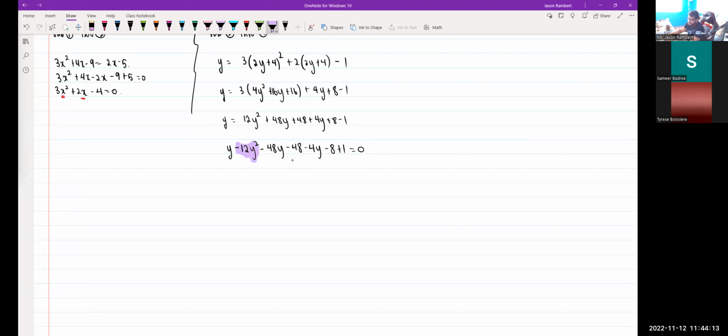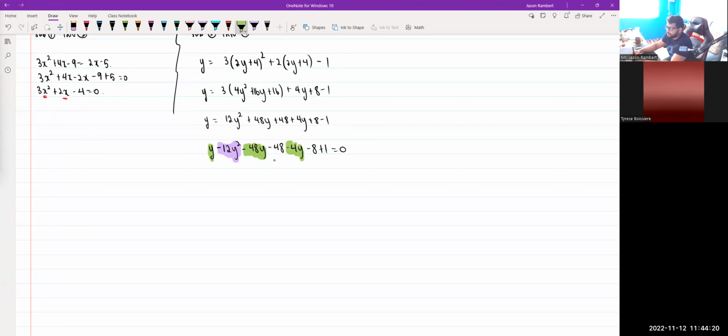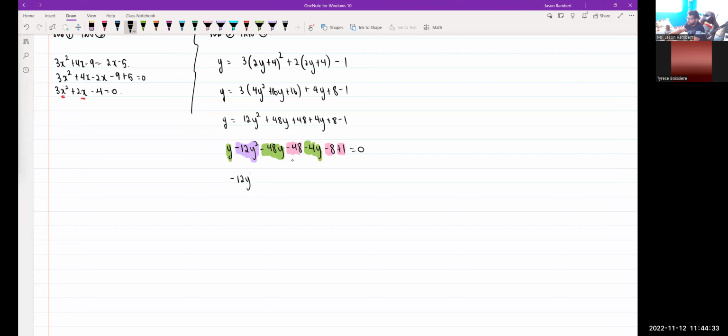I can add the y squareds to y squareds. I can add the y's to the rest of the y's. And I can add the numbers to the numbers. I'll end up with minus 12y squared. y minus 48y is minus 47y.